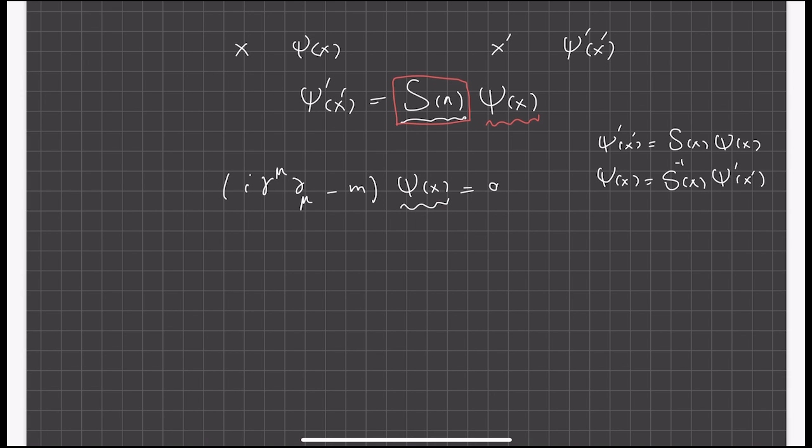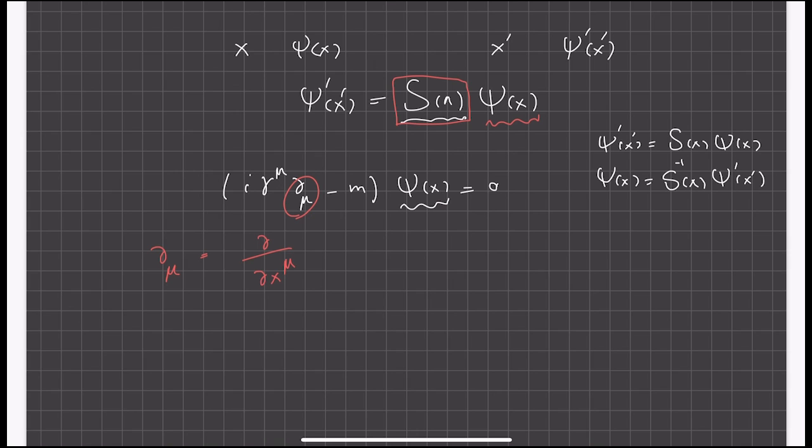So now we need to change this equation and write everything based on x prime. Another thing we need to change is the derivative with respect to mu. The partial derivative with respect to the mu-th component of space is defined with respect to x mu, so the index is basically up.